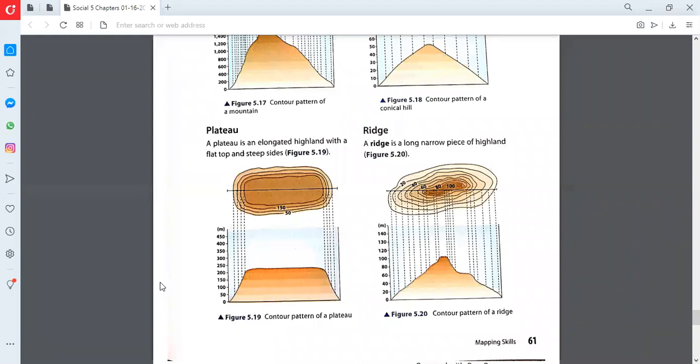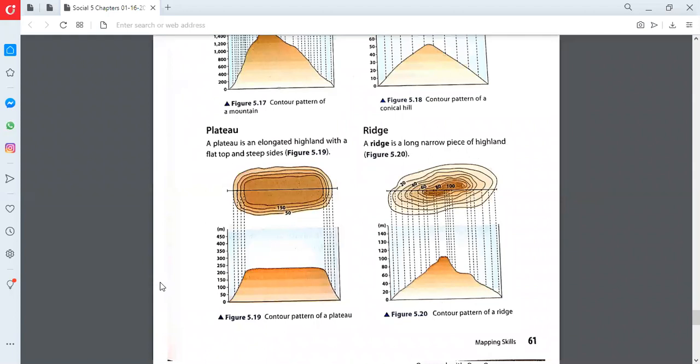Okay, so we saw about the hill. A hill is less than 600 meters in height, and a mountain is more than 600 meters. It's bigger in size than the hill.